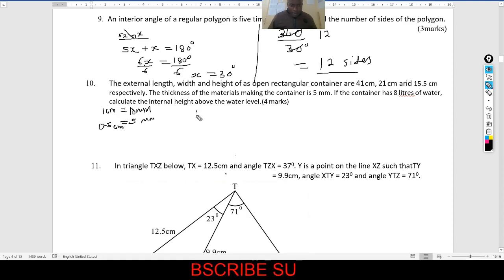Remember, this is a rectangular container.